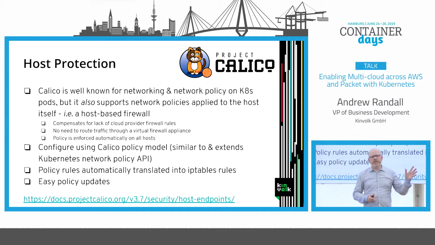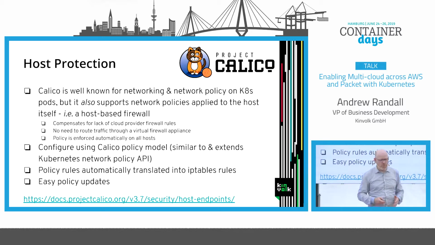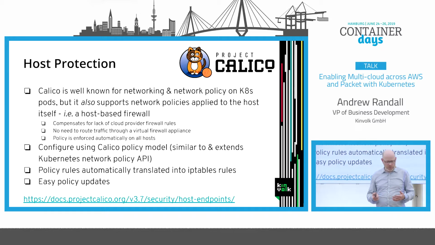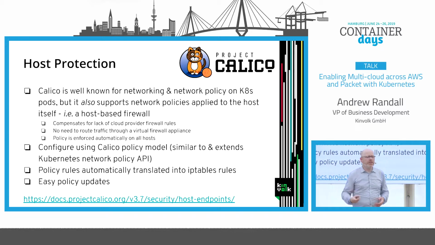This compensates for the fact that you can't easily set up global firewall rules across your nodes in a bare metal environment without a physical firewall in place, and you don't need to put a virtual firewall there. It's just automatically enforced across all the hosts. So now you can say exactly who can SSH into those nodes, and you're protected so that only those sources can do that.